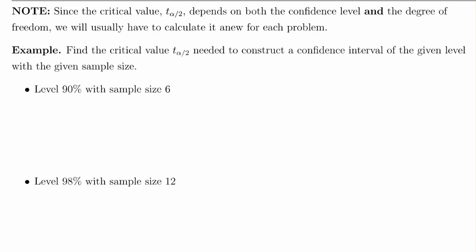So in our first example, it says find the critical value. Just by the notation t of alpha, or t subscript alpha over 2, I know that I'm dealing with this new chart that we use when the standard deviation is unknown, so pay attention to those context clues: t subscript alpha over 2 versus z subscript alpha over 2.